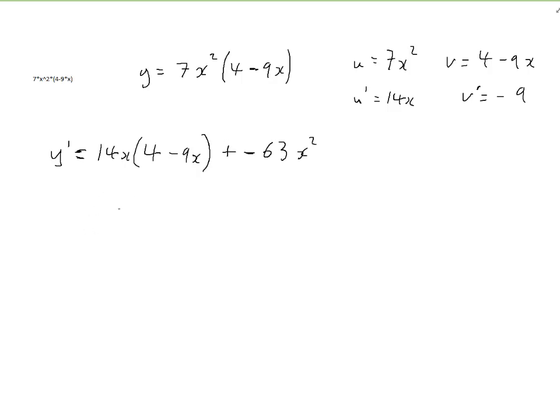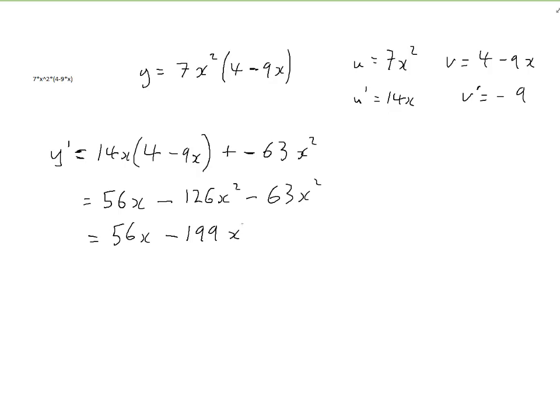And then you could leave it like that, or you could expand it. It's not that important really. So if you expand it, you'd have 56x minus 126x squared, minus 63x squared. So we've got 56x minus 199.